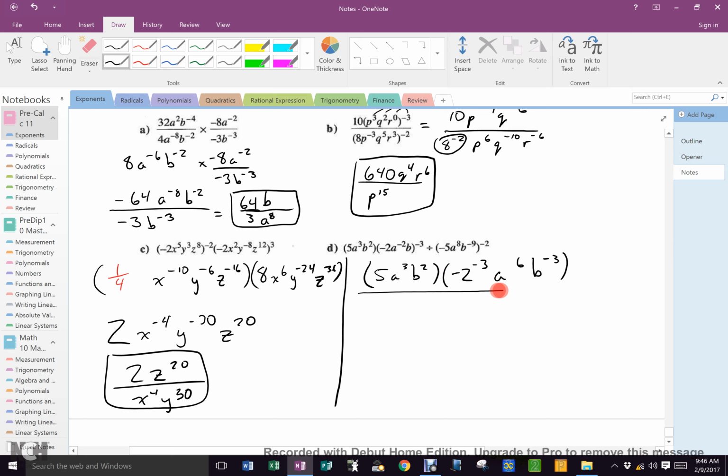All that is going to be over negative 5 to the negative 2, a to the negative 16, and b to the 18th.